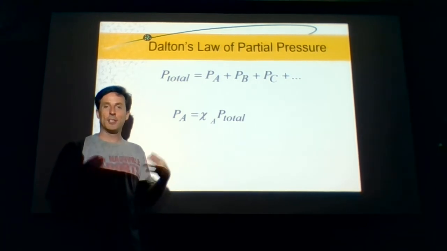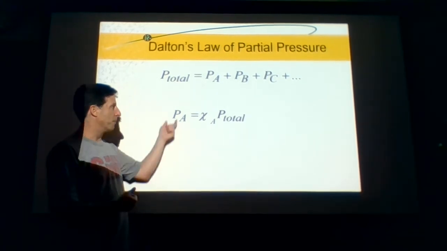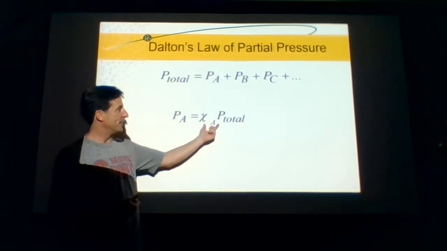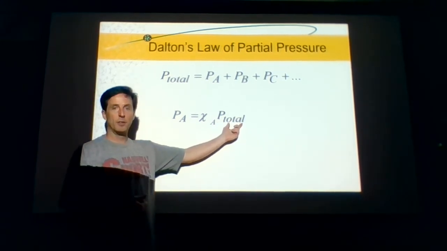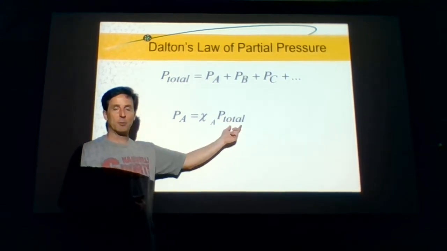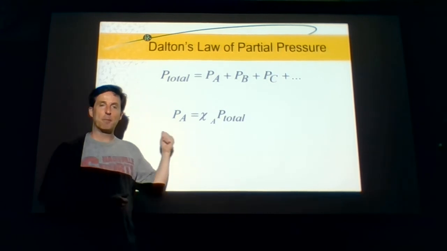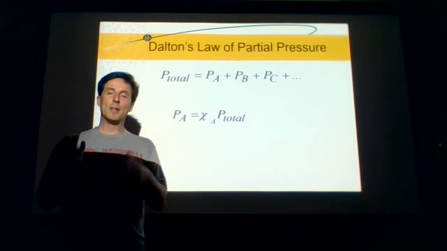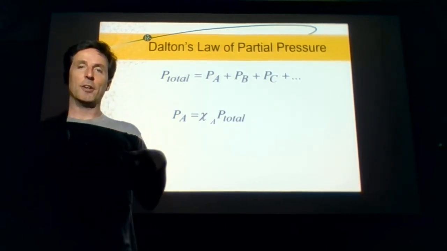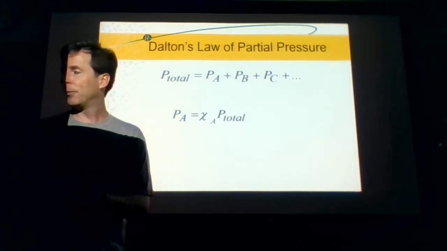So all I had to do to get the partial pressure of nitrogen, we just say the partial pressure of nitrogen will equal 0.78 times 1. Which 0.78 times 1 is 0.78. So that means the partial pressure of nitrogen is going to be 0.78 atmospheres under normal atmospheric conditions.